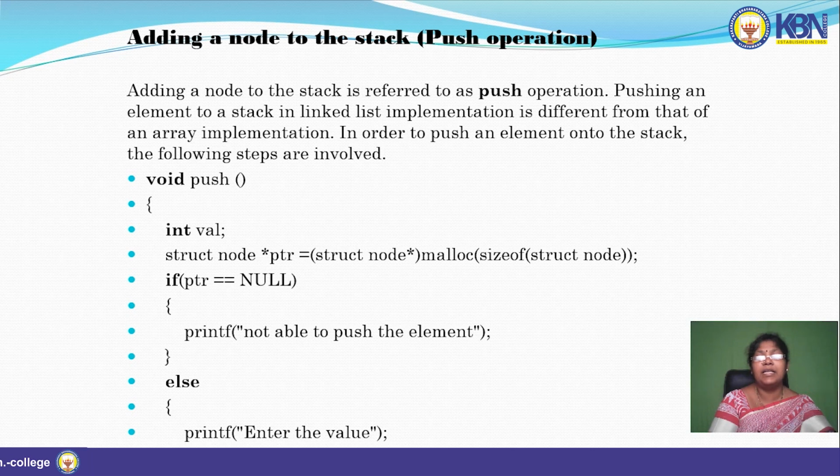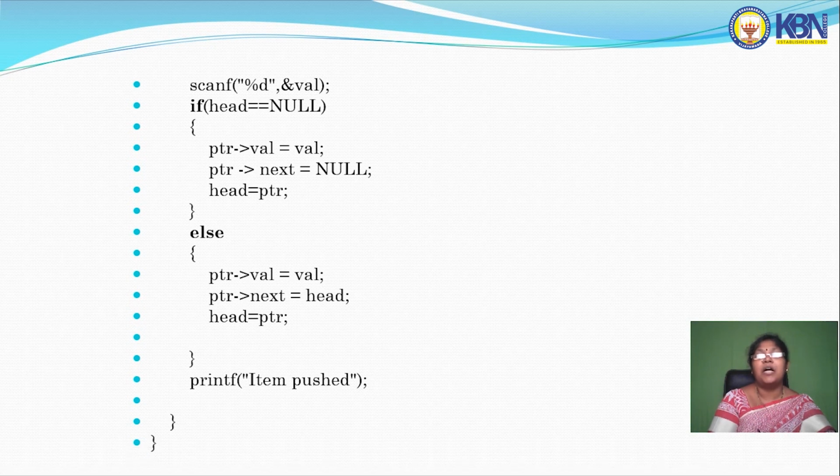Else we can add an element and print the value. Then how can we add an element? After adding an element, maybe this one is the top element. If the head equal to null, that means the element is the first element. So ptr data equal to value and ptr next equal to null because it is the first element. Then head equal to ptr.